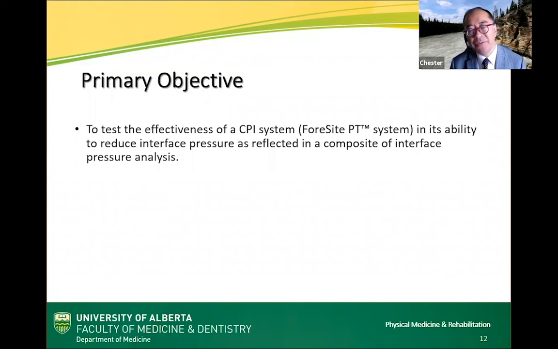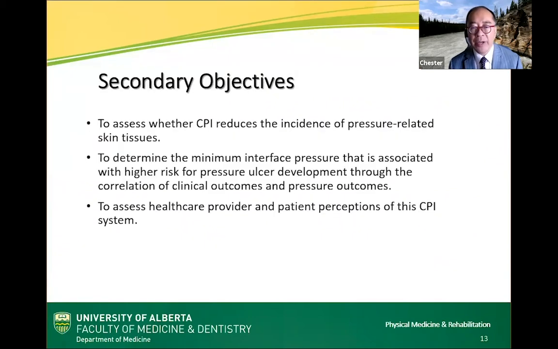In terms of the study, there are two objectives. The primary objective is to test the effectiveness of this CPI system in its ability to reduce interface pressure as reflected in a composite of interface pressure analysis. Whereas the secondary objectives are more clinical.